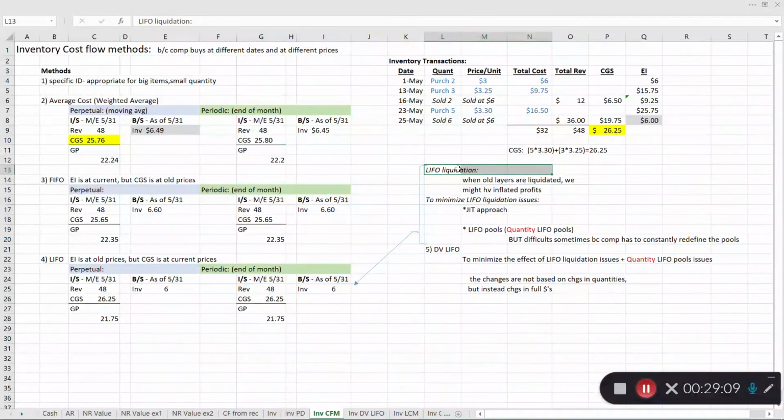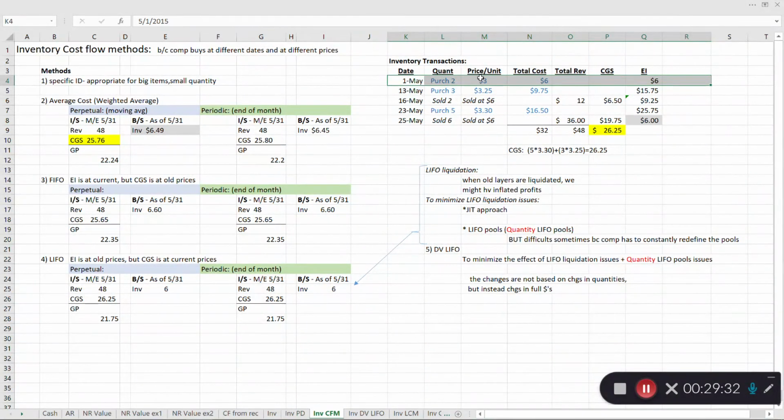Once you start liquidating it, you're going to recognize a revenue amount, which will be here, but then your cost of goods sold amount is going to be very low relative to current prices. The reason is that these old inventory layers have never been expensed, and they may be at a very low cost per unit.